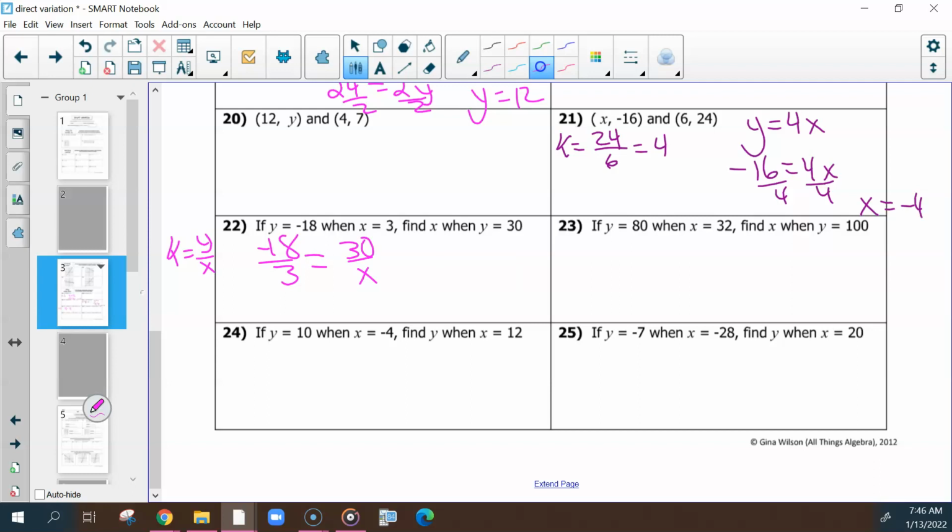Let's multiply and figure out what x is. So here we'd have 90 equals negative 18x. Divide both sides by negative 18. I think that's negative 5, but double check that.